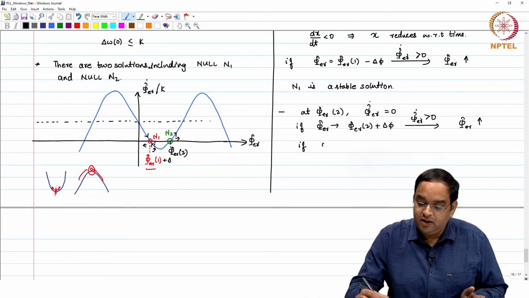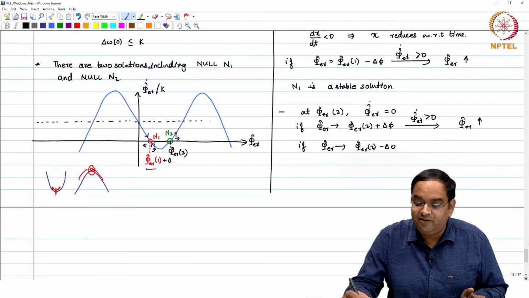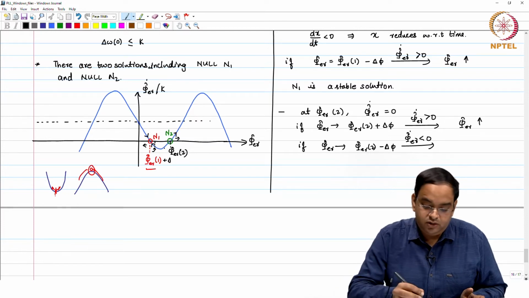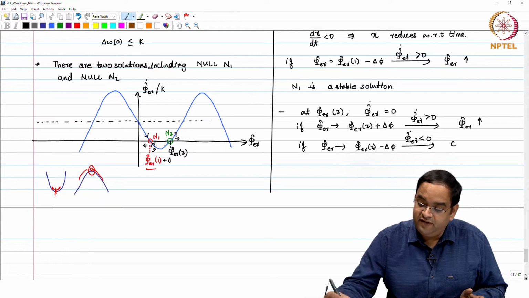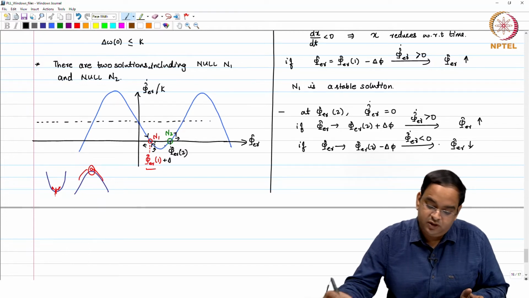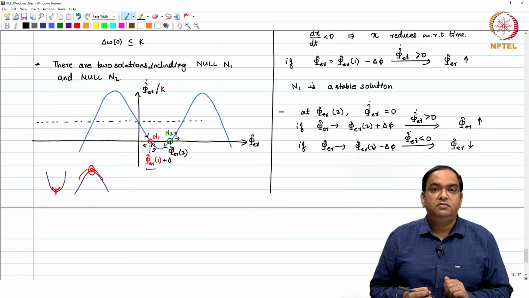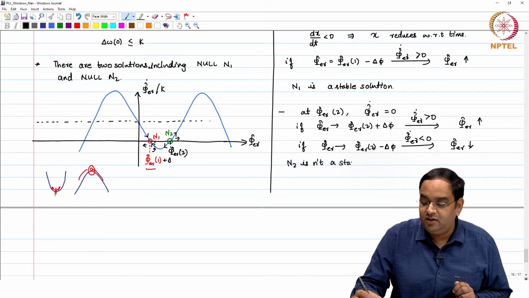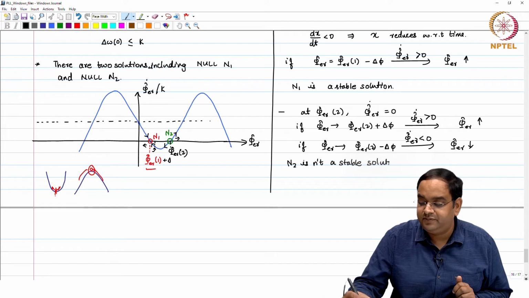Similarly, if phase error changes from phase error 2 to phase error 2 minus delta phi, because your phase error dot is less than 0 on this side, the phase error will reduce. That means, you go away from N2. So, N2 is not a stable point or stable solution.